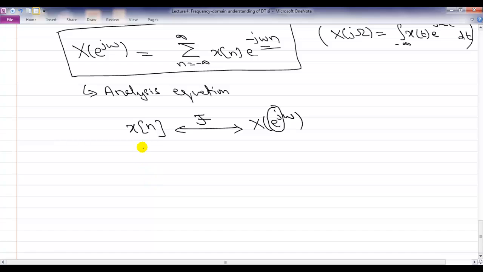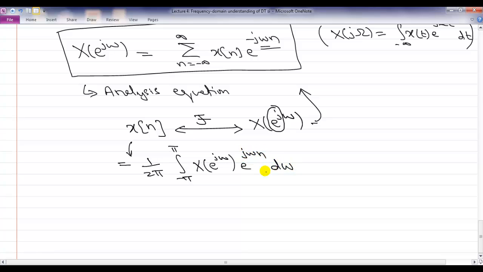Okay? X of e to the j omega is defined above, and xn is defined as 1 over 2 pi, integral from minus pi to pi of x of e to the j omega e to the j omega n d omega.